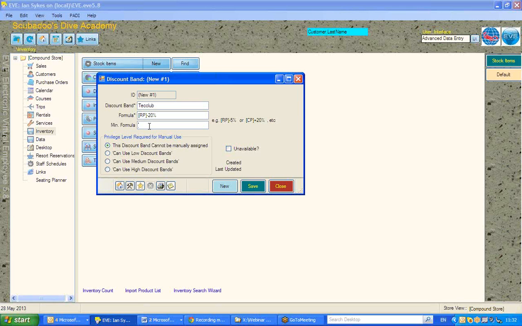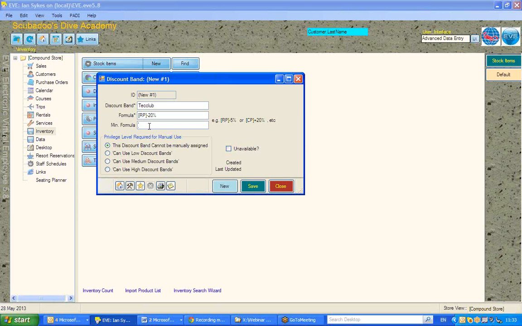Now, the minimum formula could mean there may be some items that you sell that, were you to take 20% from the retail price, would be well beneath the minimum price you would really like to sell any product for.